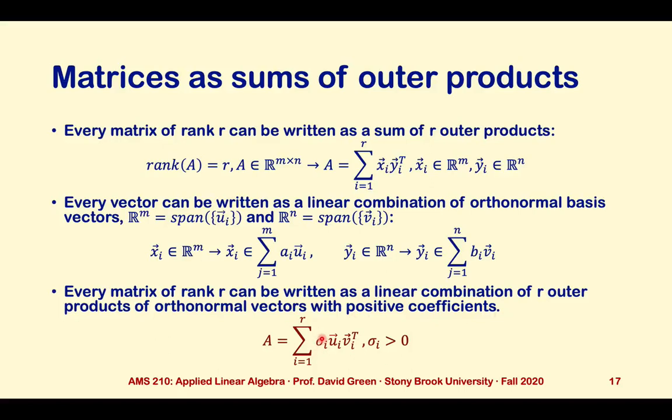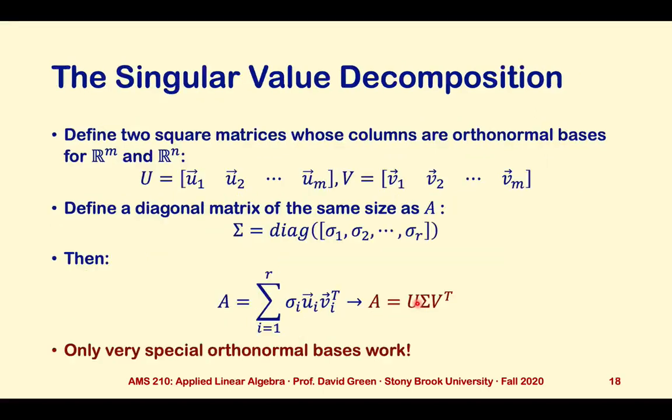And this is an extra little constraint that I've added here, that we actually are going to be able to do this only using positive scaling factors. This idea is really at the heart of the singular value decomposition, and we're going to develop a more rigorous proof of this and how we can find this moving forward.